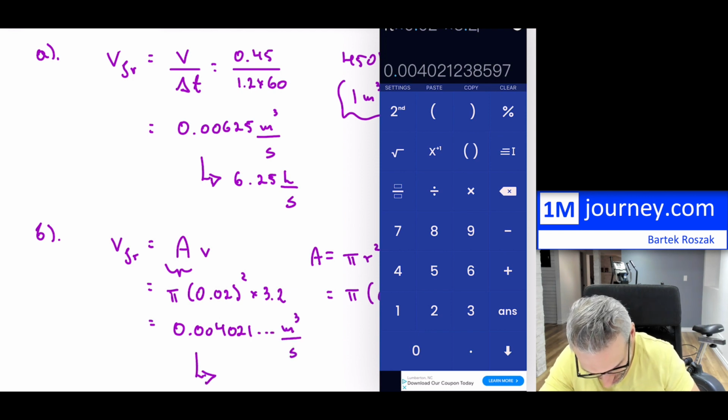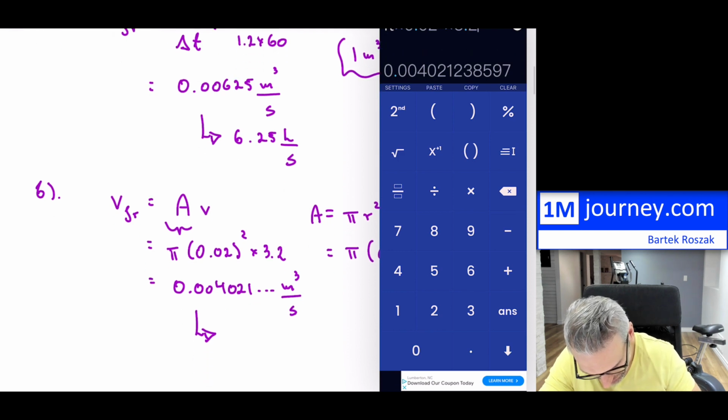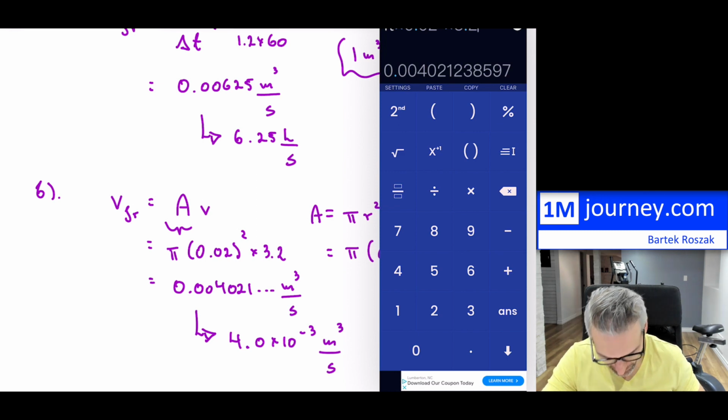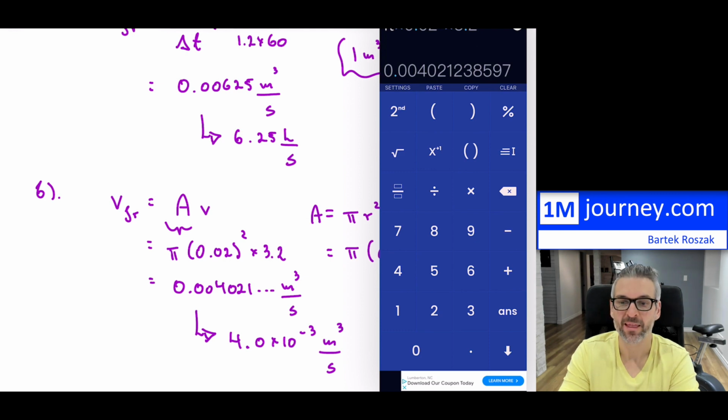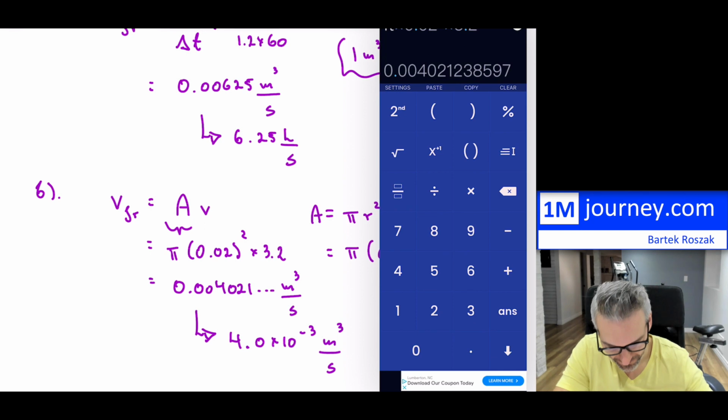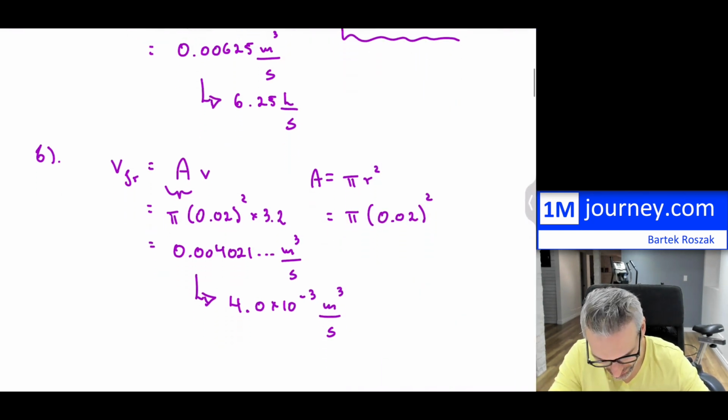If you want this in significant figures, I'm going to put this as 4.0 times 10 to the minus 3, two significant figures for this one. And if you want it in liters, it would have been 4.0 liters per second. So that is it for this first example.